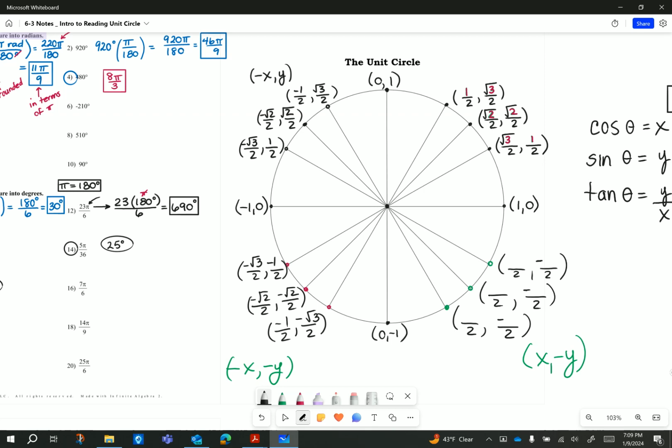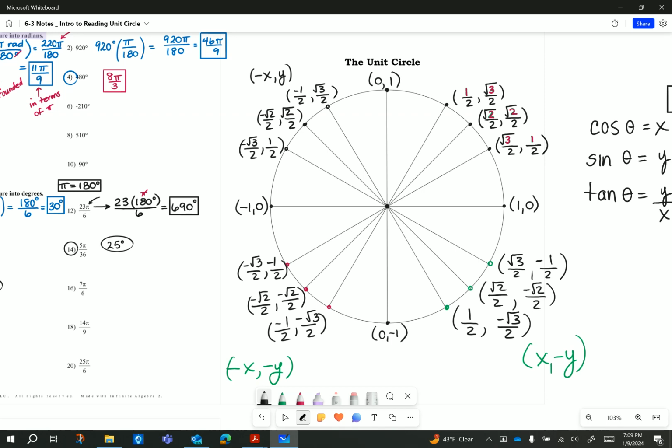So this one here is going to be a positive square root of 3, negative 1 over 2. This is going to be positive square root of 2, negative square root of 2. And this one's going to be a 1/2 and a negative square root of 3 over 2. Okay, and that is the third missing section for our unit circle.